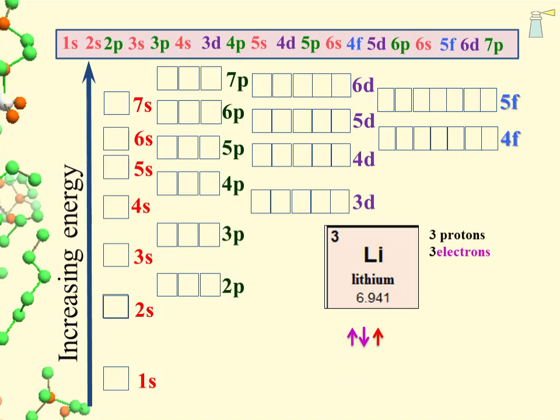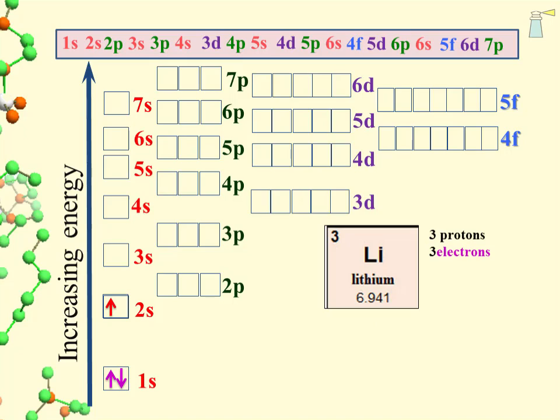The next element is lithium. It has 3 protons and 3 electrons. The first electron goes into the lowest energy orbital. The second is paired with the first in the now filled lowest energy orbital. There's one more electron to go. Where should it go? Well, according to the Aufbau principle, when an orbital is filled, go to the next lowest energy orbital.